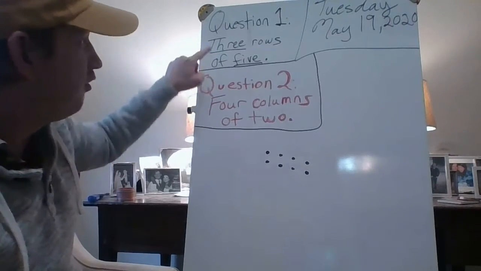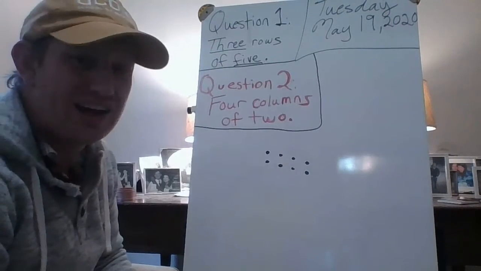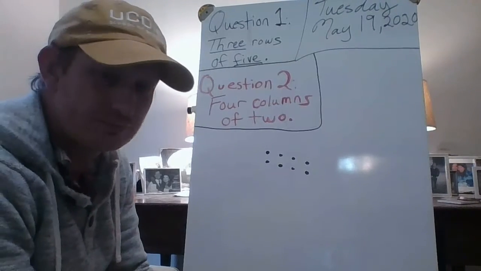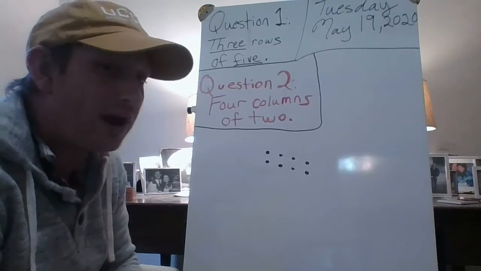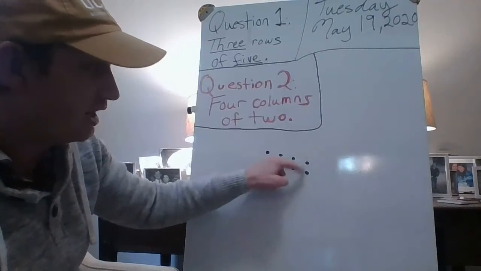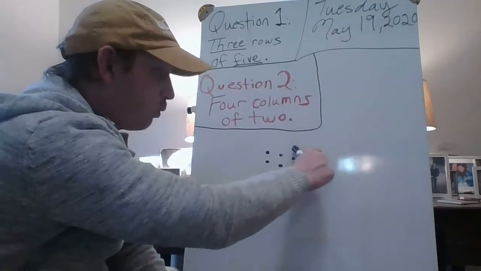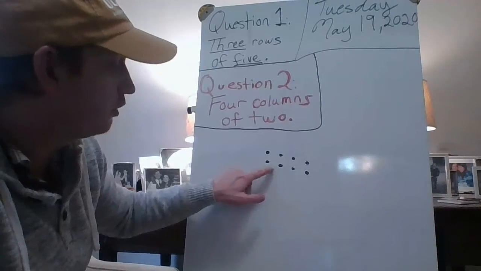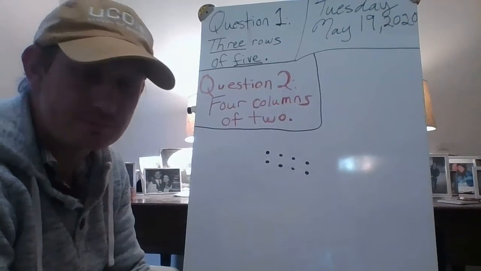So now we have 4 columns, 1, 2, 3, 4, and 2 in each column, 1, 2. But let's notice, even before we do anything, that there's another way we could say this. This does have 4 columns with 2 in it, but it's also 2 rows, 1, 2, with 4 in each row, 1, 2, 3, 4. It's both of those at the same time.